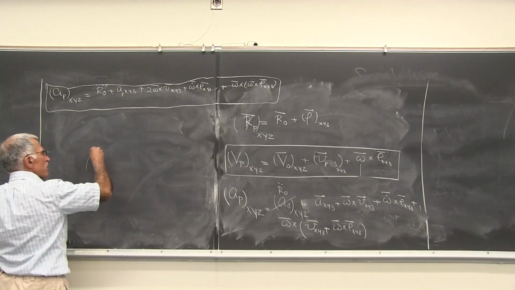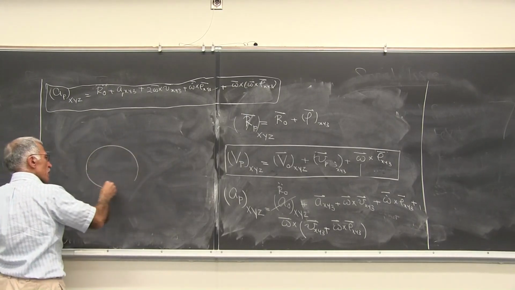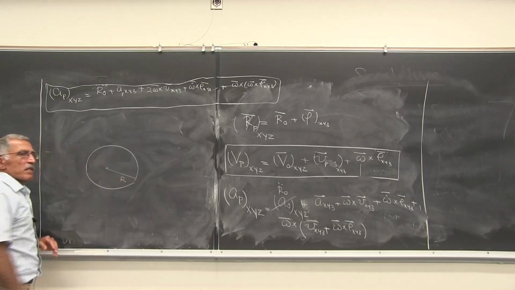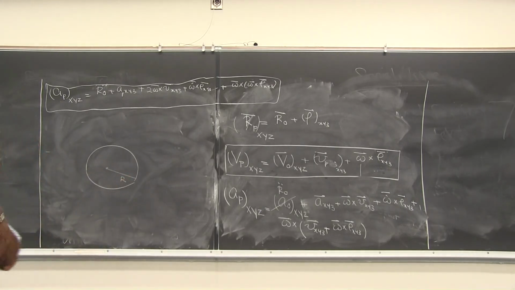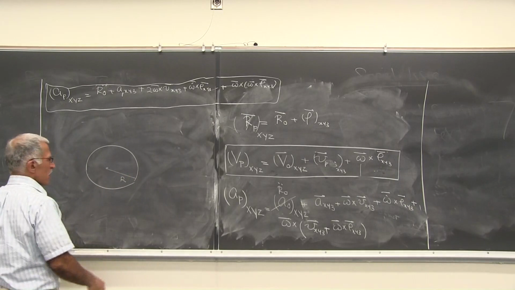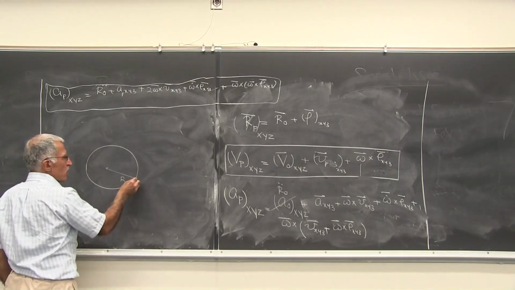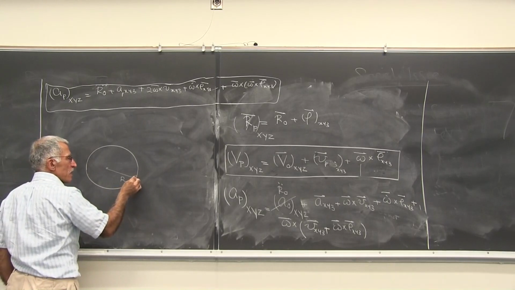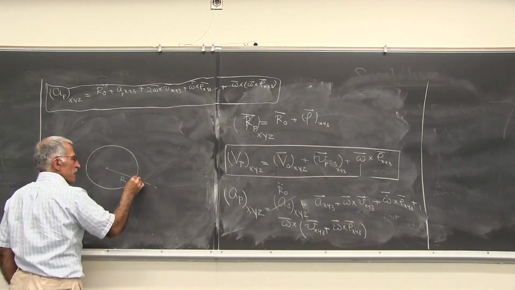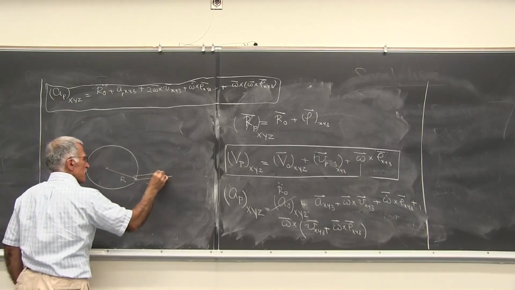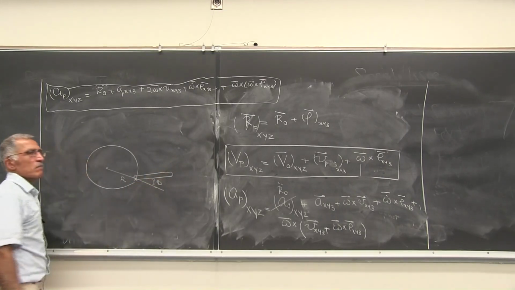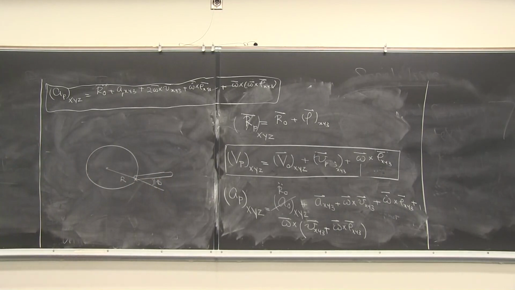So let's say that you do have a disk here with a radius r. And now we attach a blade here, and this blade makes an angle phi with respect to the arm.